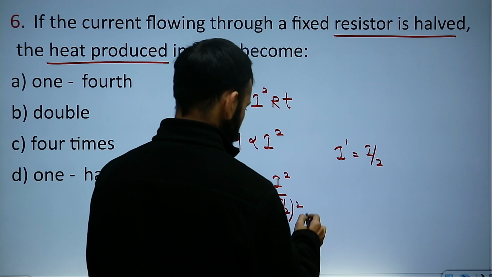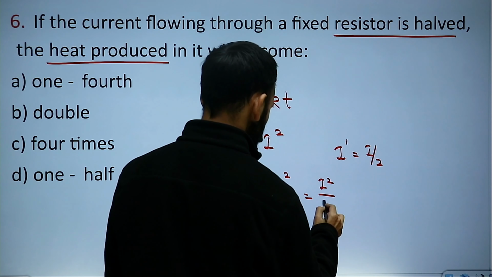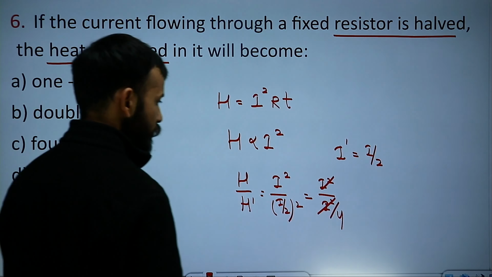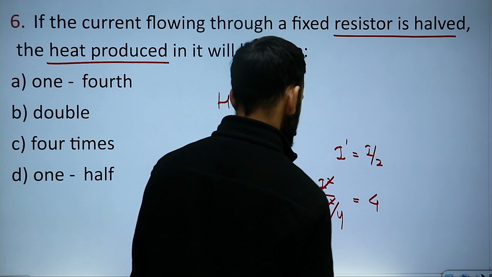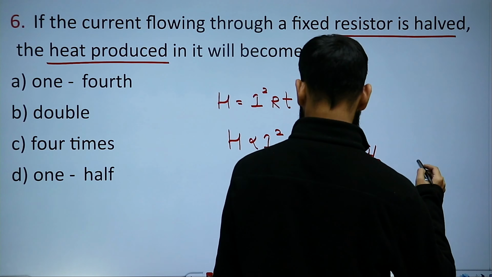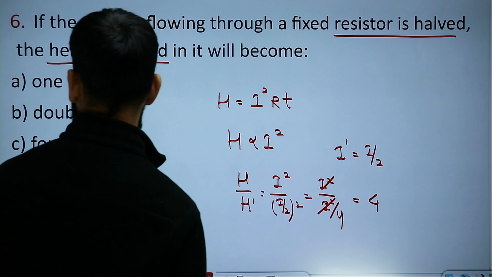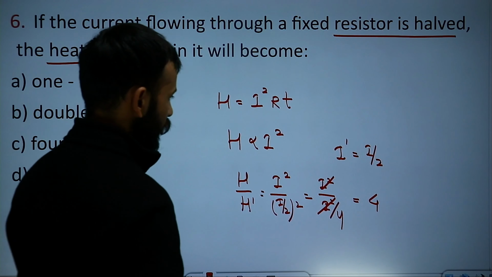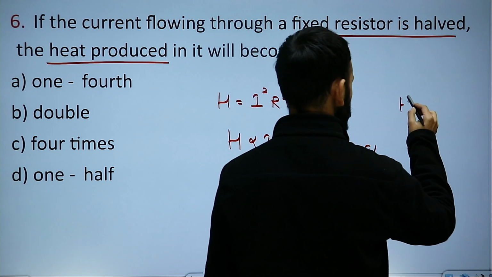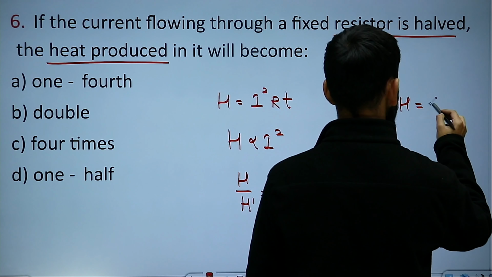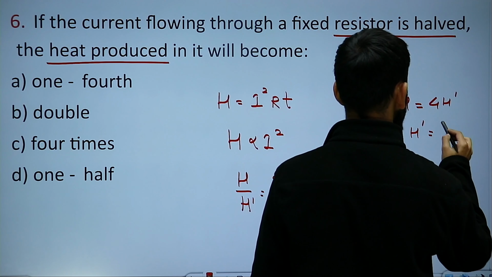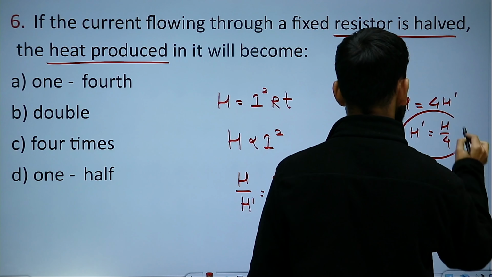That is I square by I square by 4, and the I squares cancel out, so it comes out to 4. So H is equal to 4 H dash, or we can say that H dash is equal to H by 4.